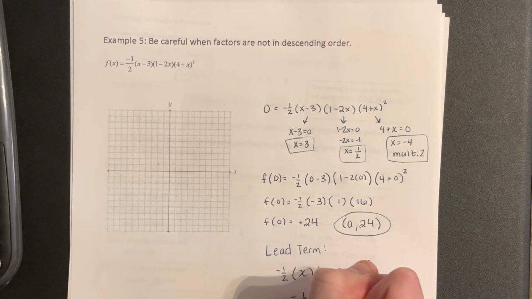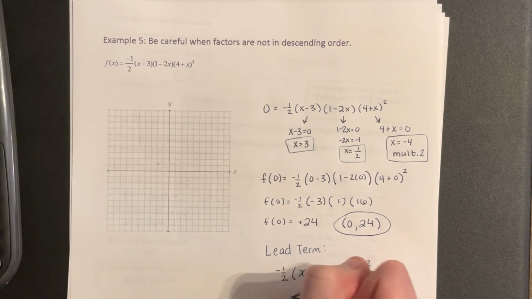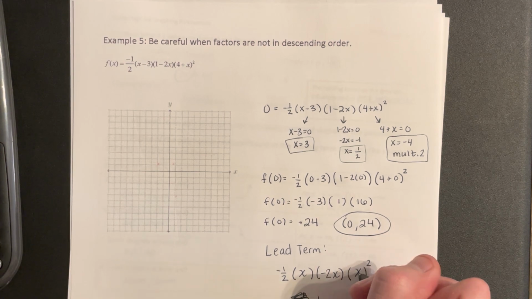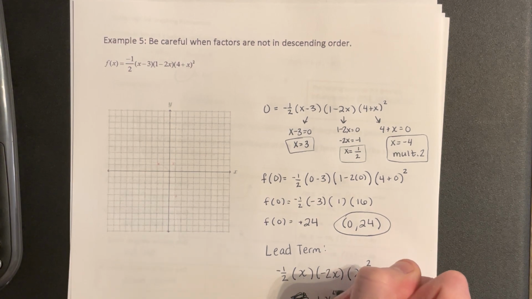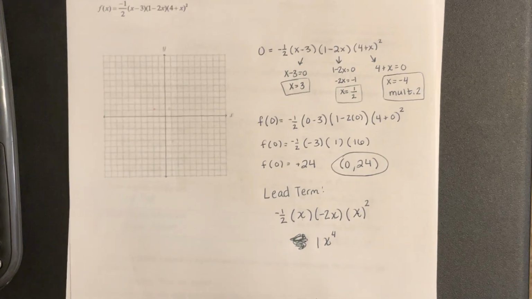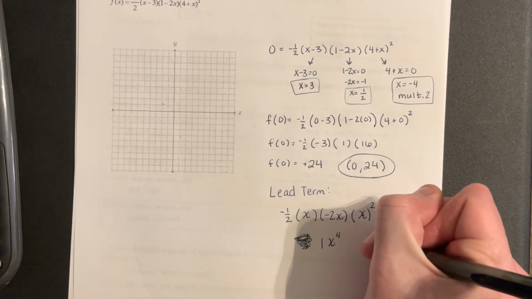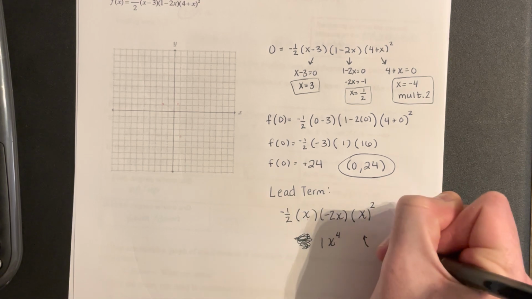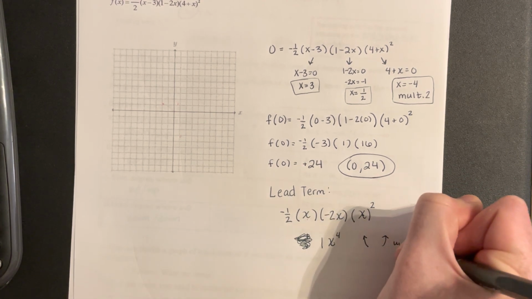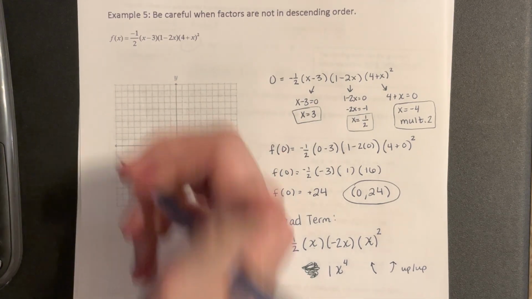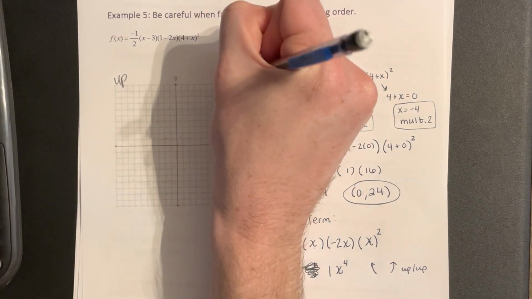But either way, we should still get a negative 1/2 times 2, so that's a positive 1. x times x times x times x. So there's 4 x's here. So that's x to the 4th. x to the 4th is an up, up behavior. And we can write that on our graph as well. So up, up.